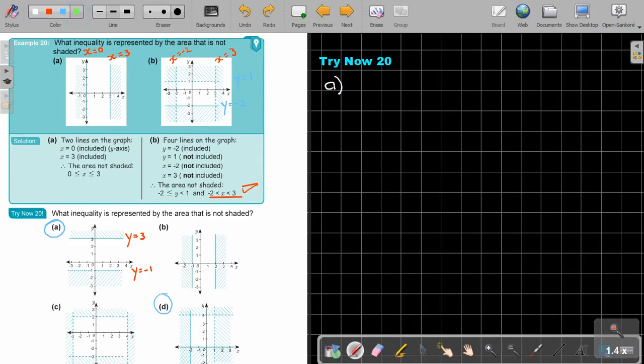Then I'm just going to say y, and I'm always going to let the open sides show to the same side.